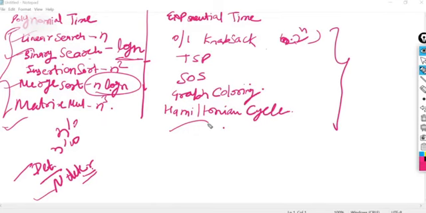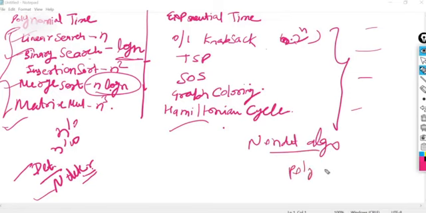So our main purpose is to take the exponential time algorithms and find a non-deterministic algorithm for them which can be solved in polynomial time. If that is possible, then from the research point of view, if you are able to find the solution of that kind of problem, it's good.